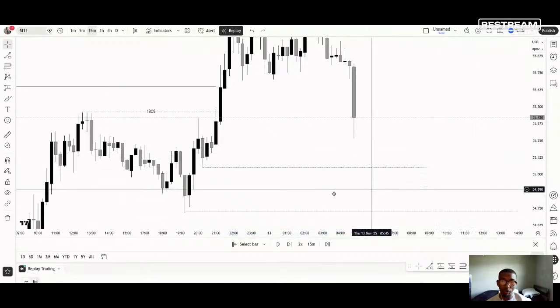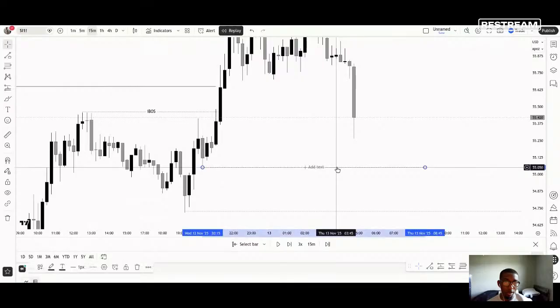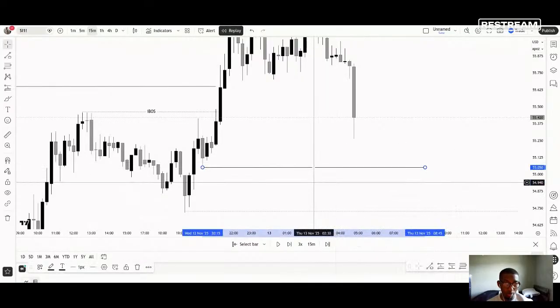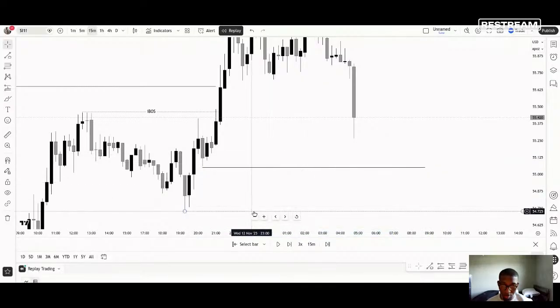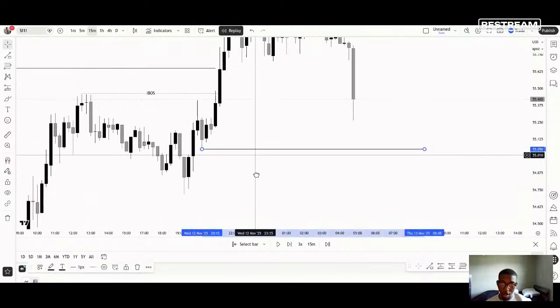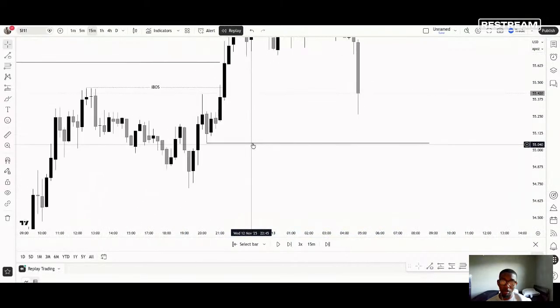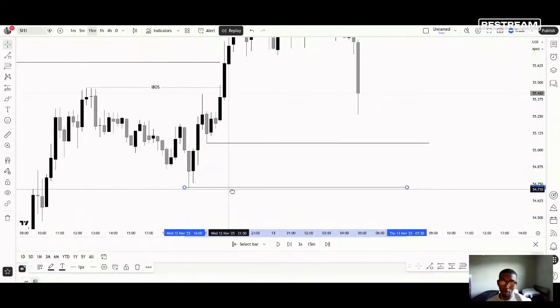So when price gets past that point, right here is telling me that price is bearish on my 5 minute. And if price is bearish on my 5 minute, eventually it will come to be bearish on my 15 minute.